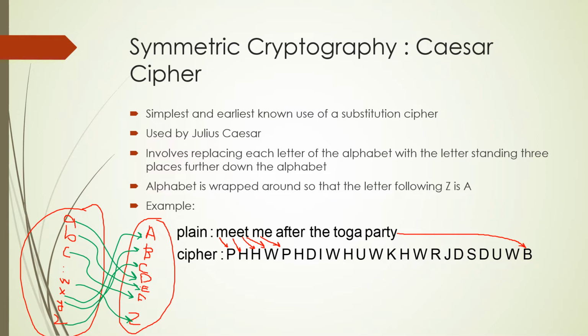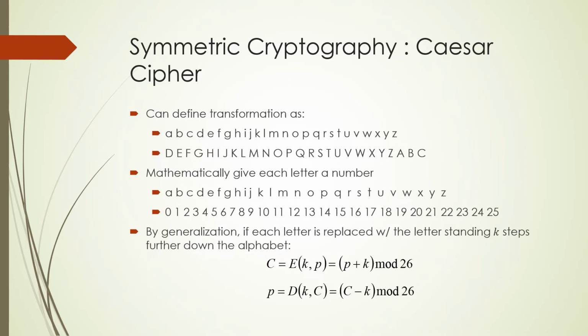So that's how Caesar cipher works. In order to summarize how Caesar cipher works, we can use a mathematical notation. Assume that every letter in the alphabet from A to Z corresponds to numbers from 0 to 25, because there are 26 of them in total.